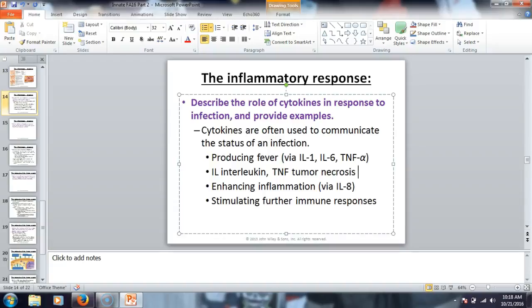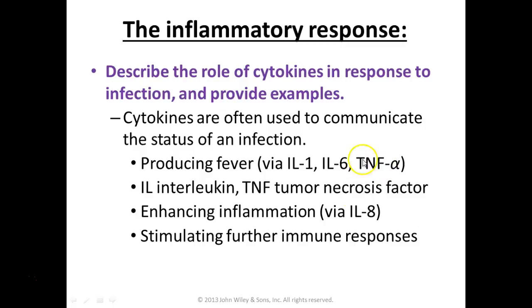I think I got it right. Tumor necrosis factor. And so, of course, again, there's more than one, specifically the alpha, right? This is the Greek symbol for A, referred to as alpha. I don't need to write that one out, do I? Okay. It's all Greek to me. Just kidding.